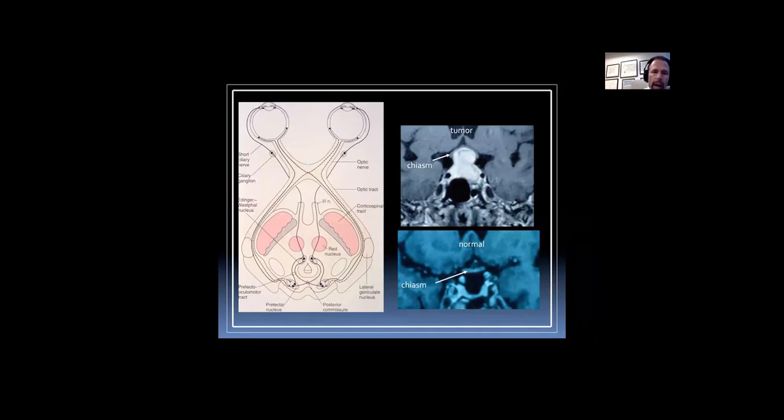So here's the explanation for this if it's not obvious. Again, here's your optic chiasm. If there's pressure on the chiasm, and here is the optic chiasm draped over this pituitary macroadenoma, rather homogeneous looking on the MRI. It's got this kind of a mushroom shape. Does that remind you of anything?